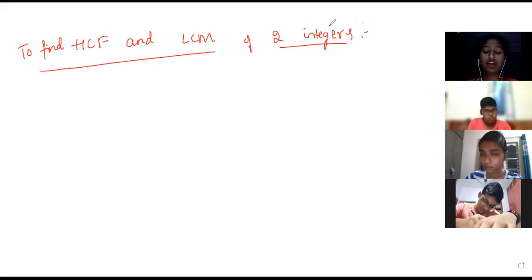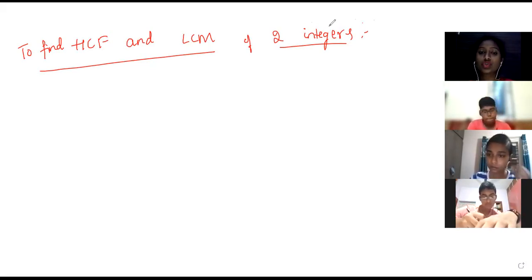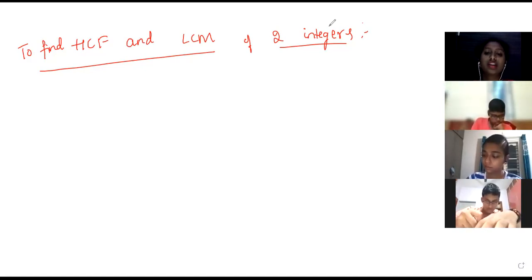We are using the prime factorization method: the two numbers are expressed in terms of prime factors, and then we find the HCF and LCM. That is how we are using this fundamental theorem of arithmetic to find the HCF and LCM. Understanding?